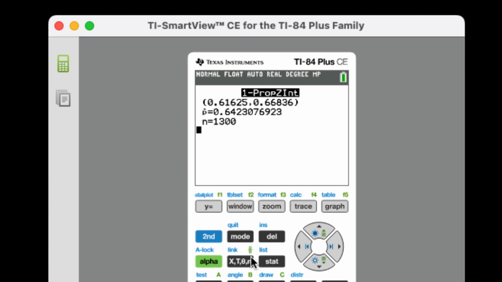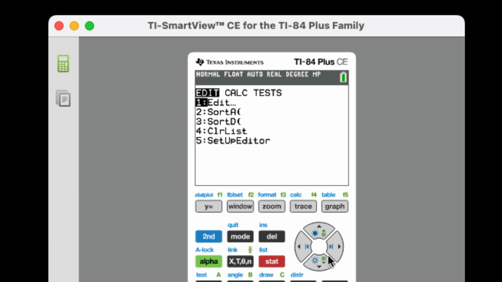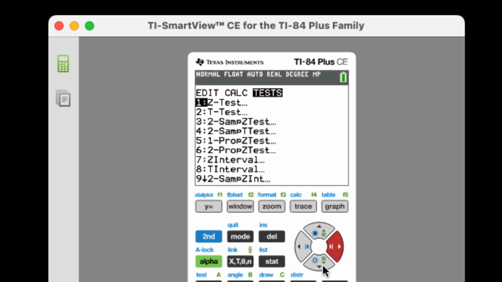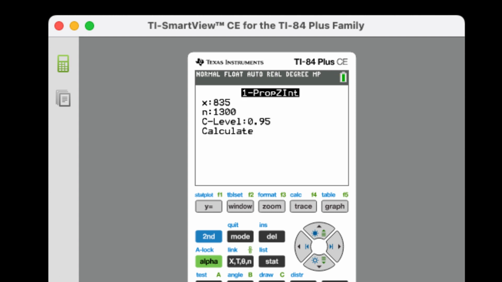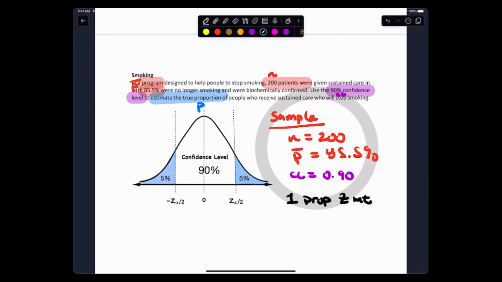When I go to stat tests and I go down to the 1 proportion Z interval, I do not see a field for sample proportion. I see X as a count. You say, Mr. Judge, I have a problem. Okay, let me help you fix that problem. Okay? Go back.